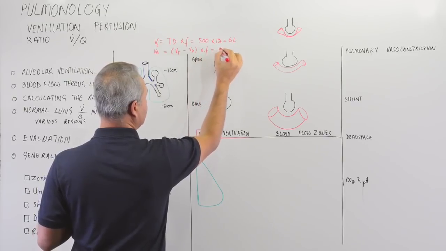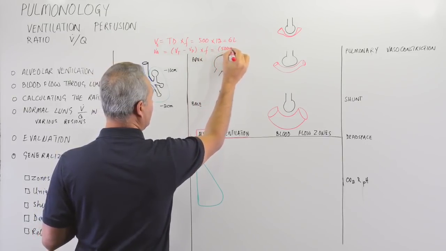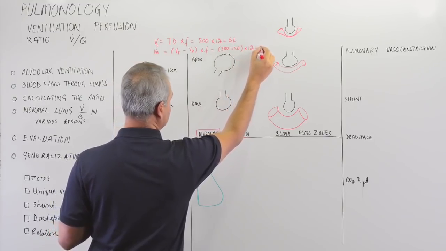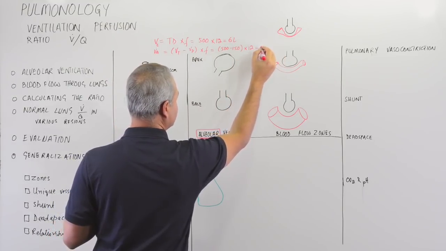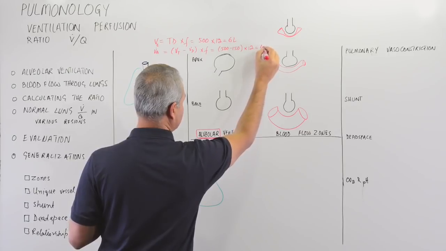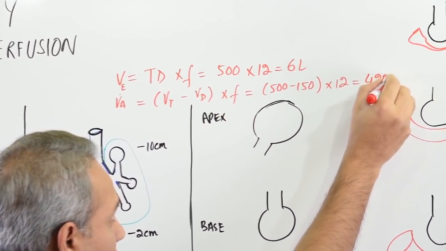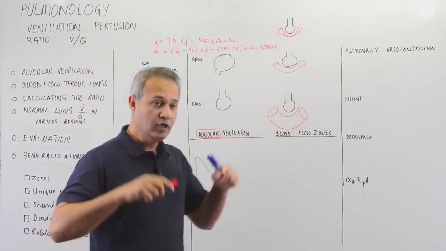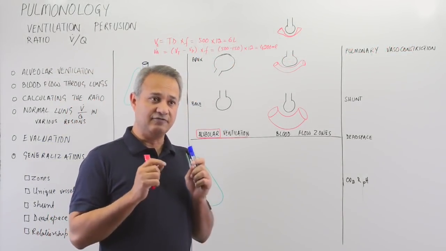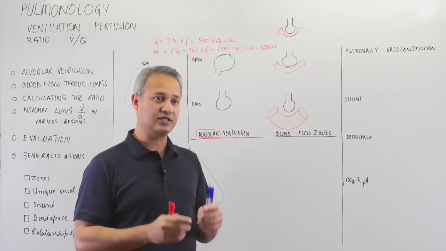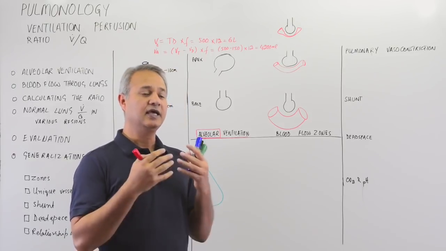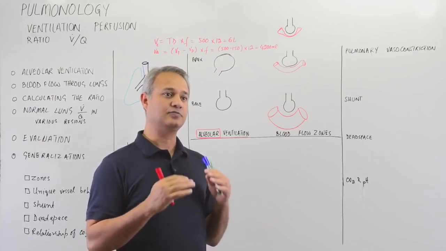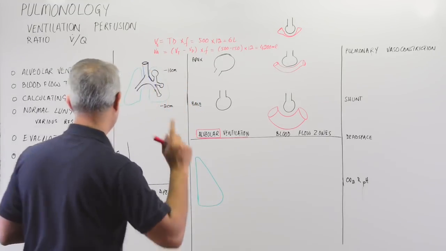That will mean 500 minus 150 multiplied by 12, and that comes to about 4200 ml, about 4 liters. So for this lecture, whenever I say ventilation, I mean alveolar ventilation, and in a normal healthy person, I mean 4 liters per minute. Okay, so keep that in mind.